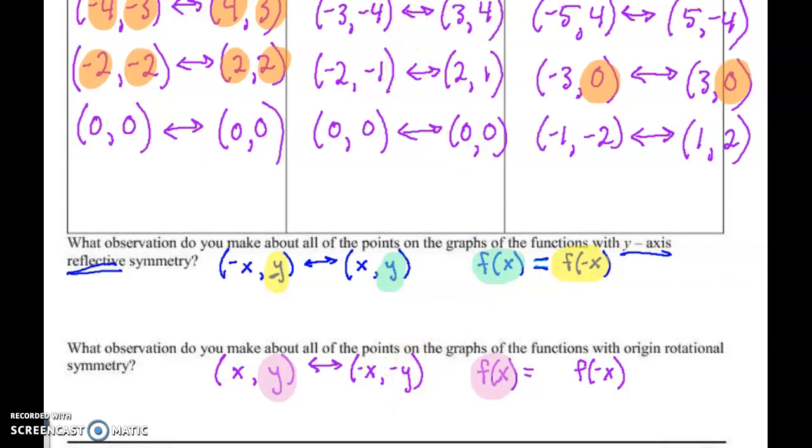So that's why there's a negative of this. Because as a reminder, this y is the same as saying this. So as we look at rotational symmetries, what it's saying is you better change the sign of both the x and the y. So this is going to be our test moving forward.